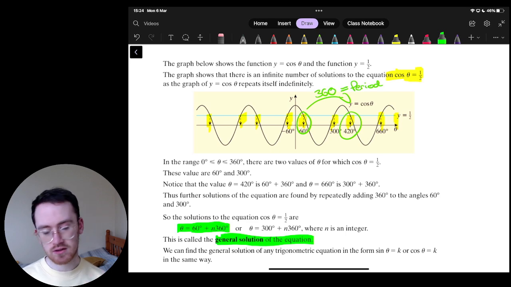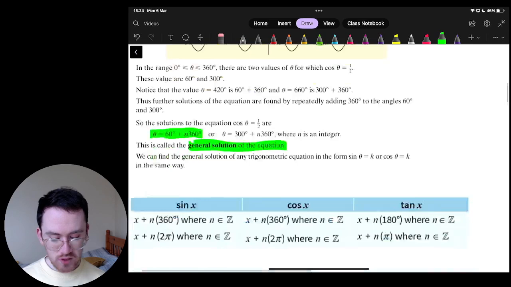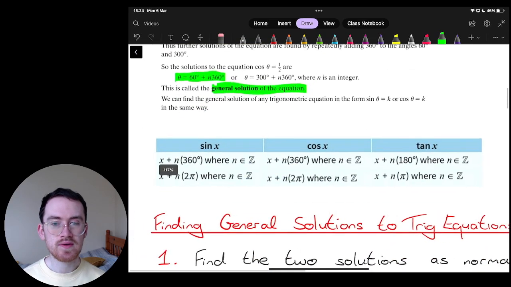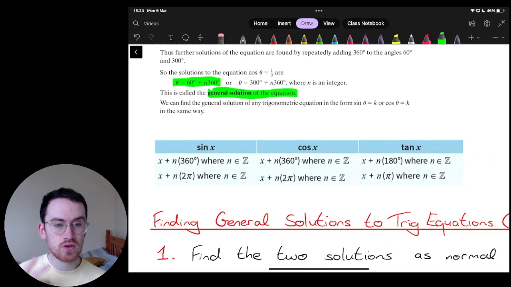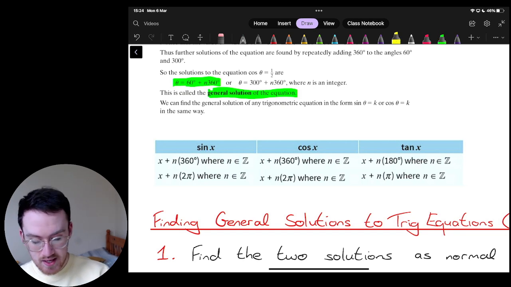If n is 2, I'm adding on 2, and I'm seeing where it's repeating and where it's coming up again, essentially. So as a more general rule, if we have sine x or cosine x or tan x, then our general solution for each of these is x plus n 2 pi, where x is the value here.